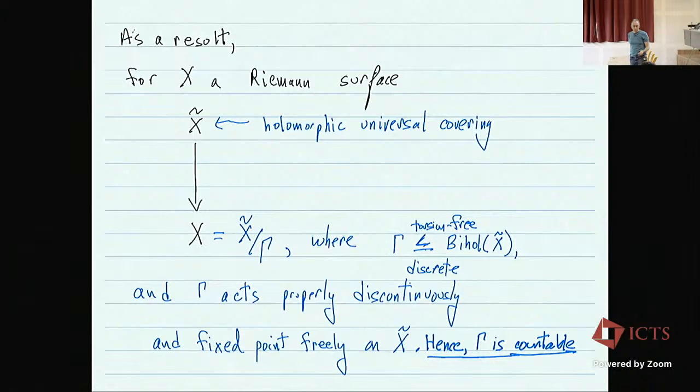That's one thing to emphasize to the students. Again, the torsion-free is here to avoid any fixed points in the universal cover because you want a covering map here. And because of the action on a subspace of Euclidean space, for instance, or the Riemann sphere, gamma is countable. So automatically the group gamma is a countable group.